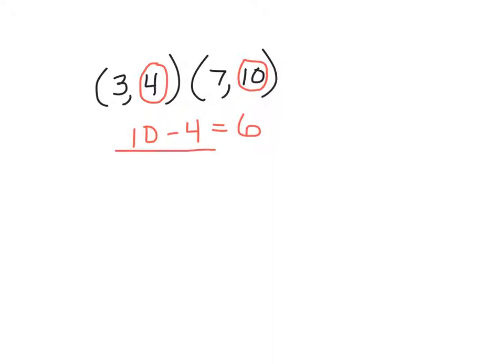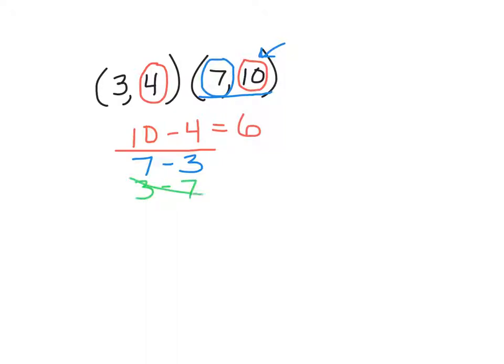When I subtract the x's, since I started with the 10 here, I have to start with the 7. I have to start with the x term in the same coordinate pair, the 7. So I have to have 7 subtract 3. I can't have 3 subtract 7.